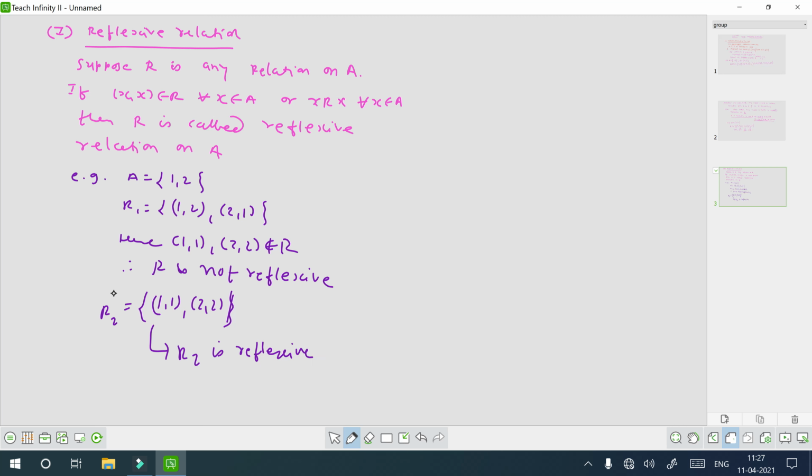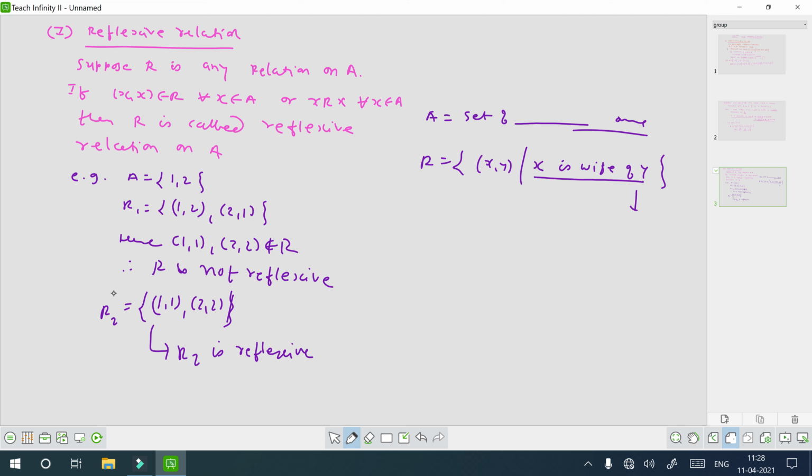Clear? Now next example, if I consider A as the set of residents in a society, all the members in a particular society, and I am taking relation R = {(x,y) : x is wife of y}.